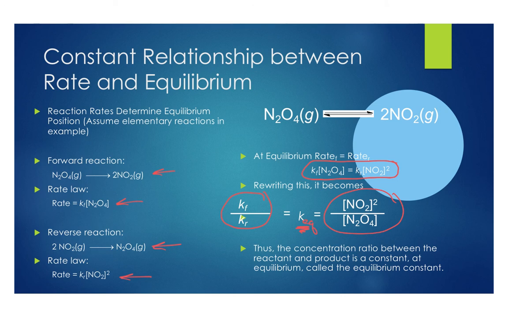It is the equilibrium constant. This concentration ratio between the product and the reactant at equilibrium is called the equilibrium constant. So again, this is products over reactants.